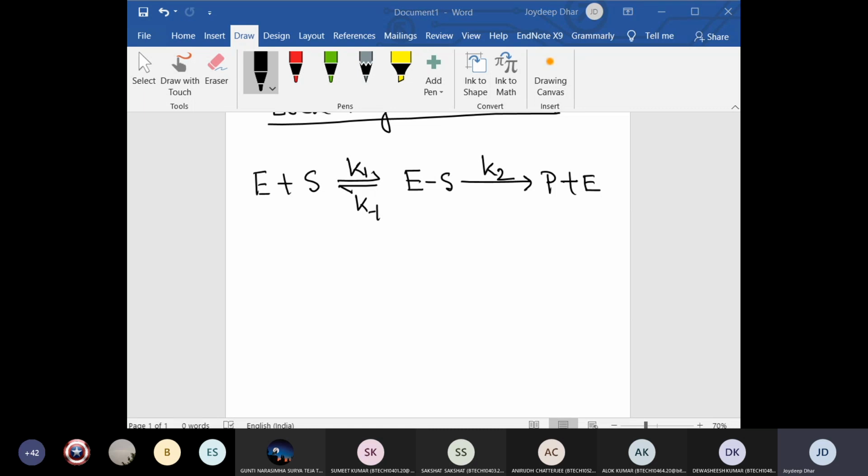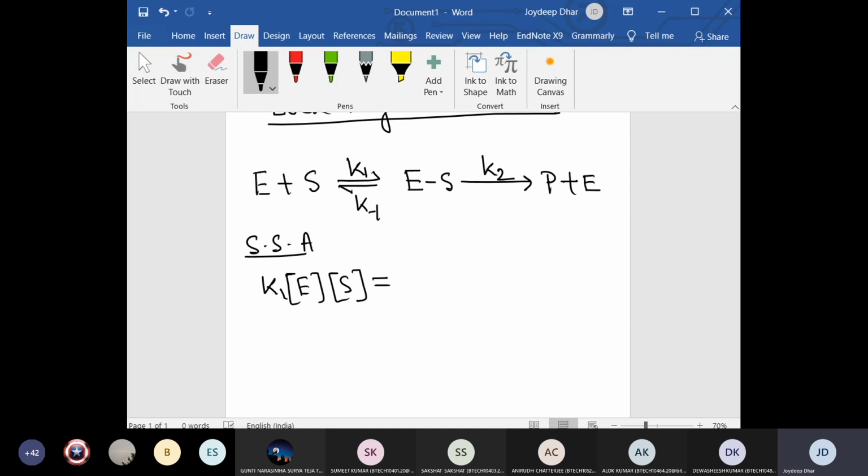Now write the steady state approximation for ES formation. The rate of formation of ES, from the first step, is k1 into E into S. In the consumption of ES, there are two steps.